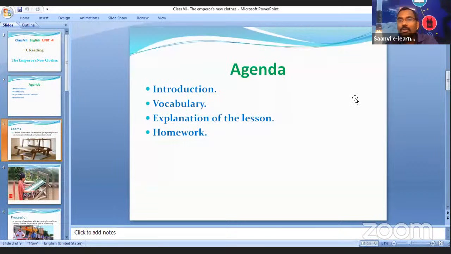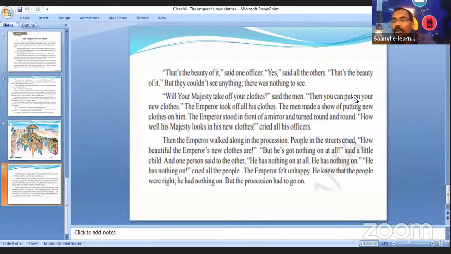So this is what happens to a foolish person. Actually, the emperor should take care of his people. Am I correct? In a kingdom, he was the leader. He had to take care of his people. Instead of that, the emperor always wished to wear new clothes. He didn't even take care of his people who were living in that kingdom. Instead, he always spent a lot of money on clothes.